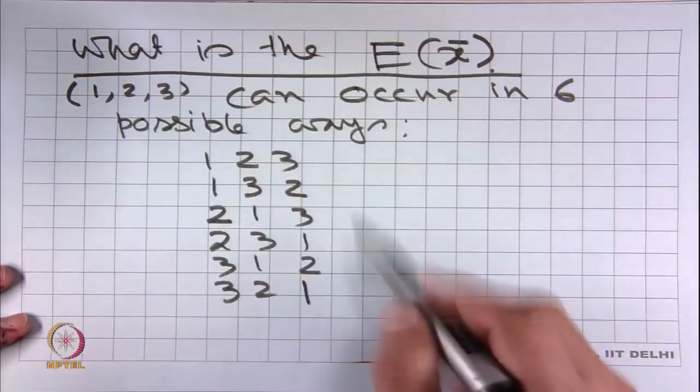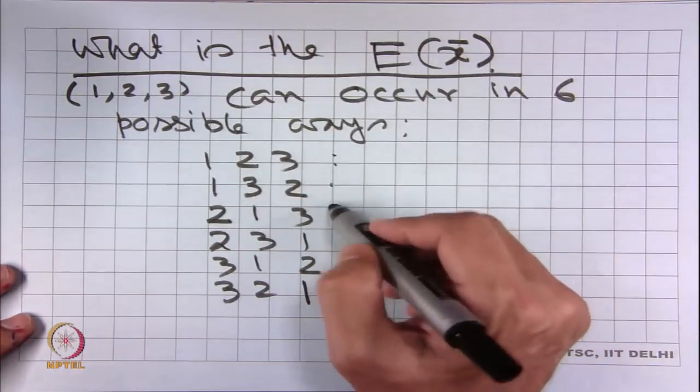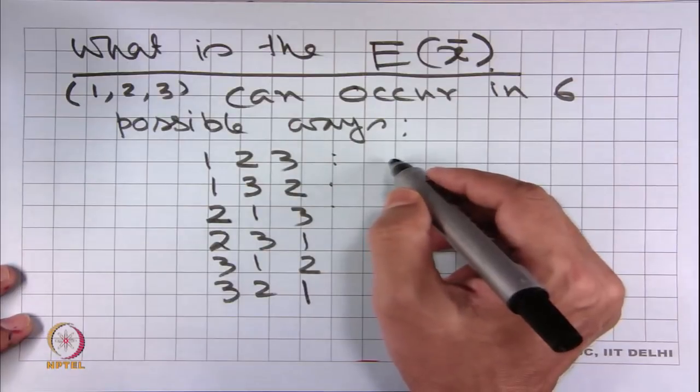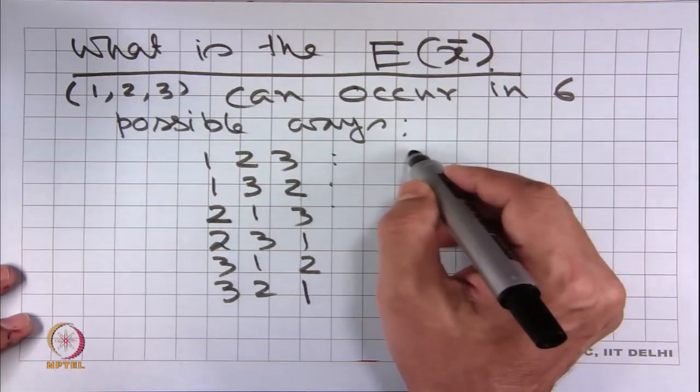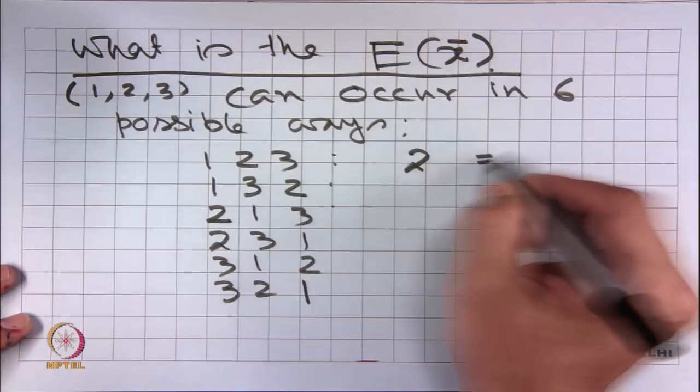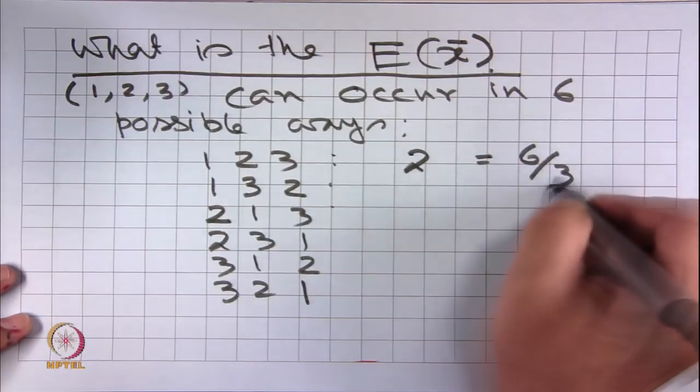For each one of them, x bar is coming out to be 2, equal to 6 by 3.